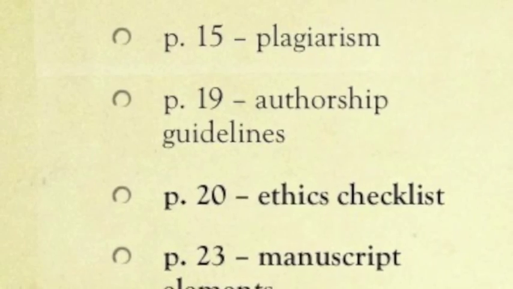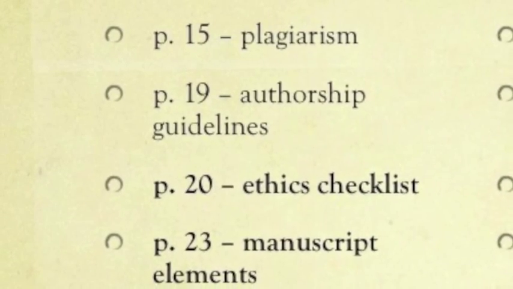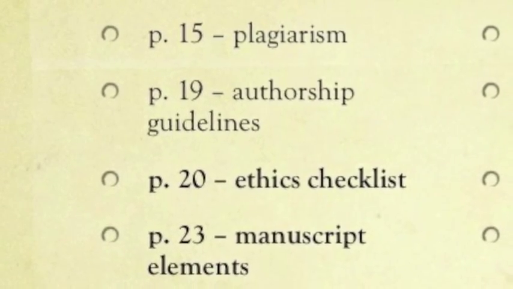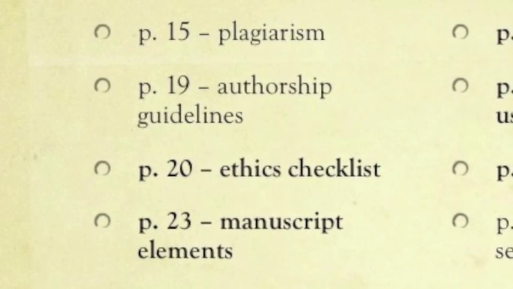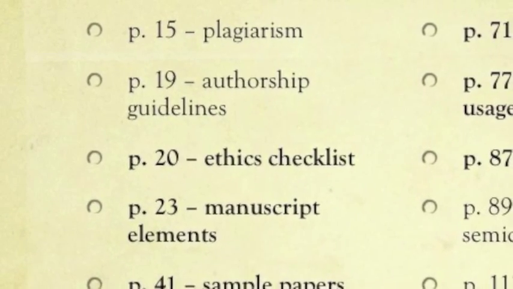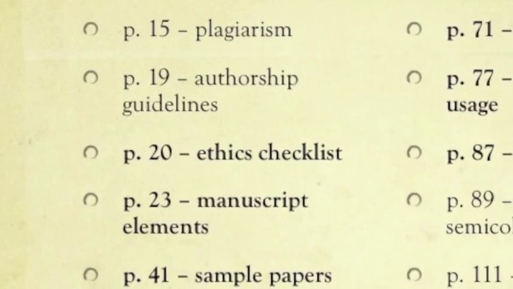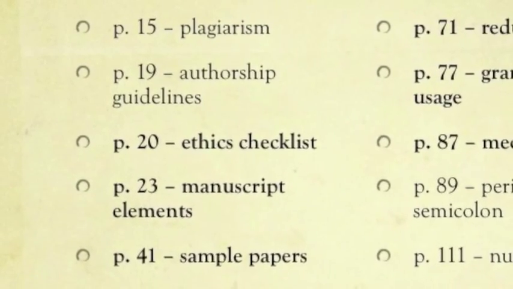So I've got that. Page 20 is the ethics checklist. It's kind of a big little checklist, but it's not one that you necessarily need to always refer to. It's one more that researchers need to refer to. Page 23 is the elements of the manuscript.